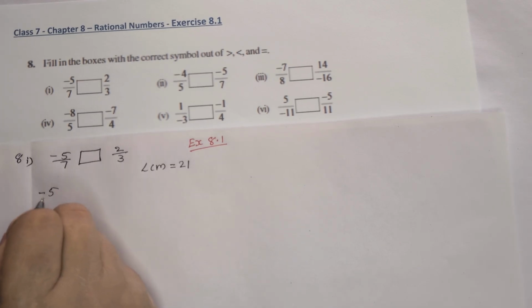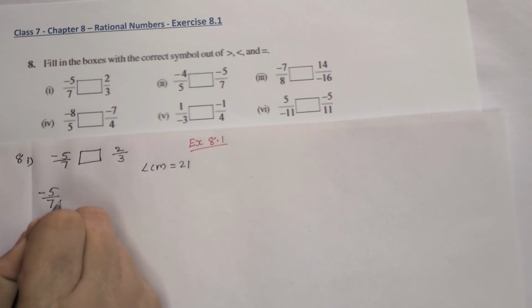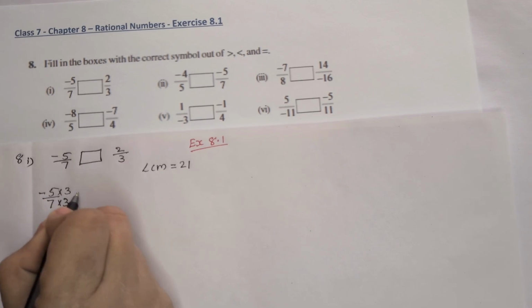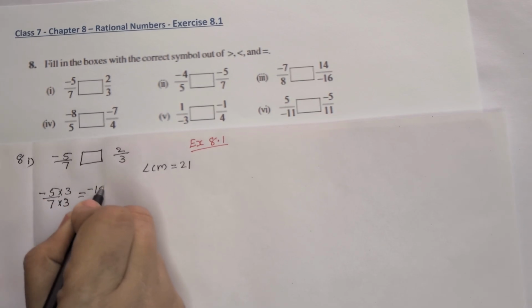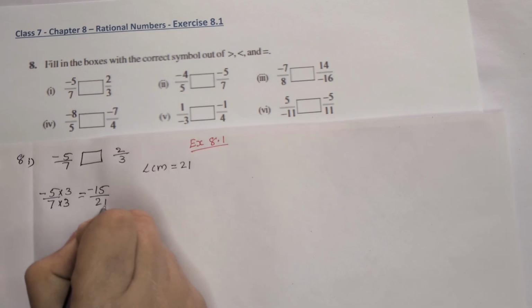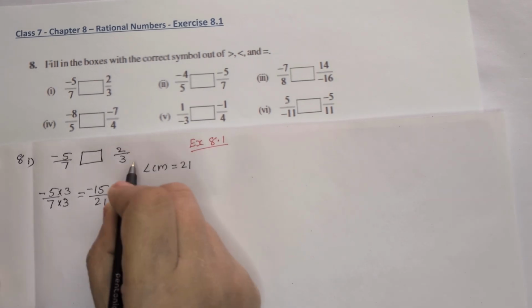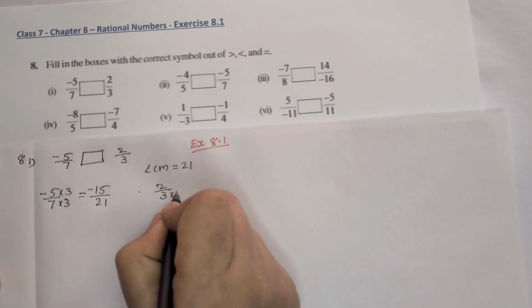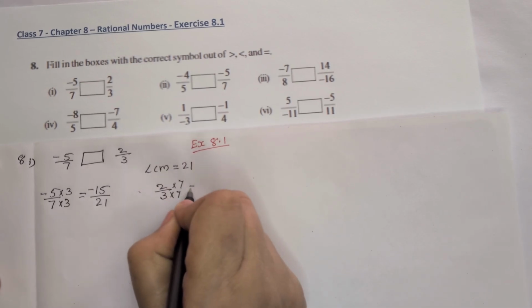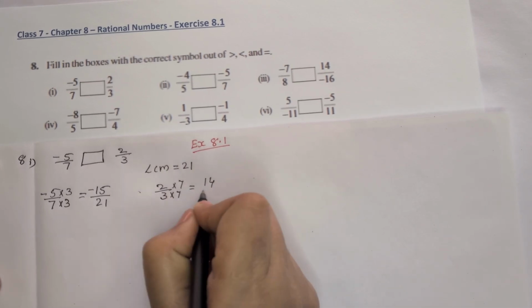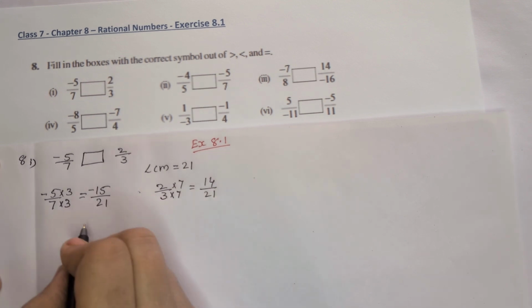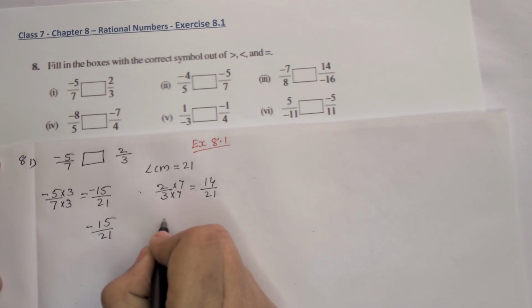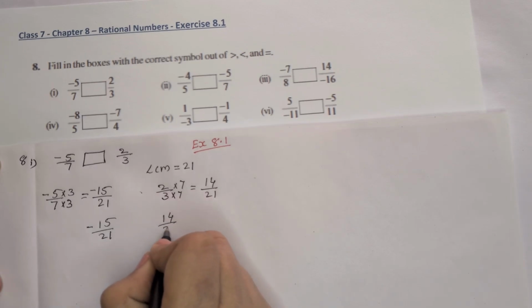Minus 5 by 7, when we are multiplying by 3, that will come as minus 15 by 21, and 2 by 3, when we are multiplying with the 7 up and down, 14 by 21. That means minus 15 by 21 and 14 by 21.